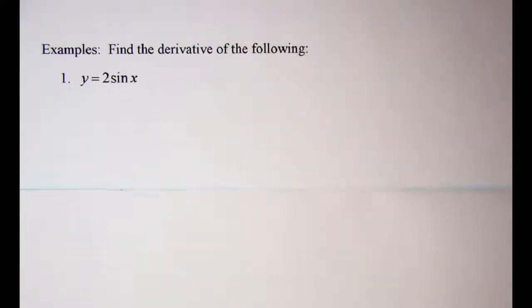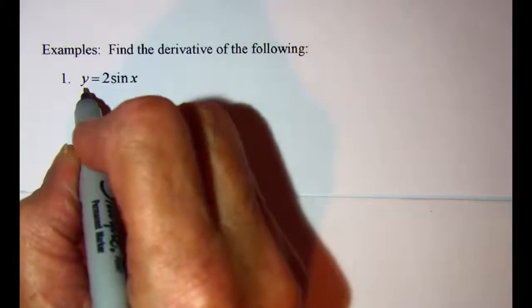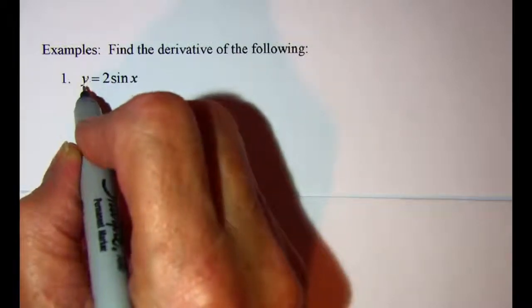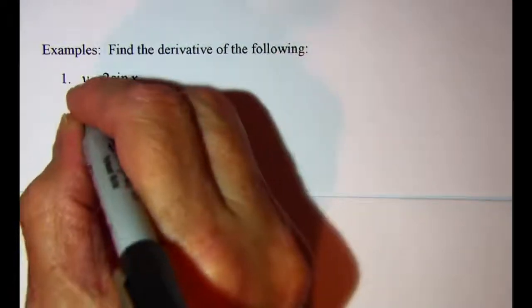Our first example, we're asked to find the derivative of y equals 2 sine x. Recall that the notation used for finding the derivative when it's just y like this, we can just write y prime.